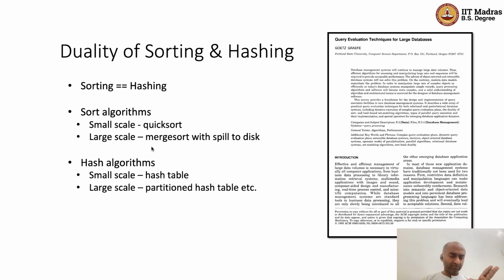If those are large in size, if the domain is large, such that the sum total of all the values which are possible in the domain doesn't fit in memory, then the hash table cannot be constructed in a single shot in memory. You will have to think about what's called a partitioned hash table structure, and we can talk about that with more examples at a later point in time.